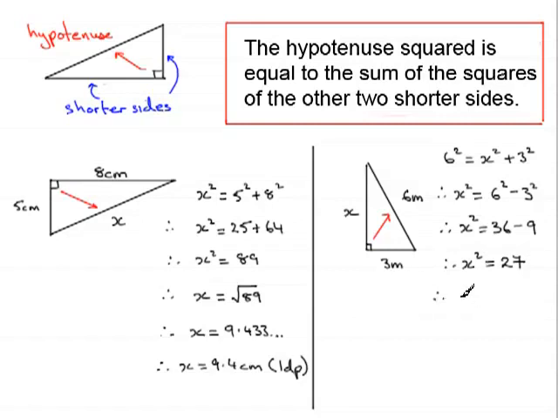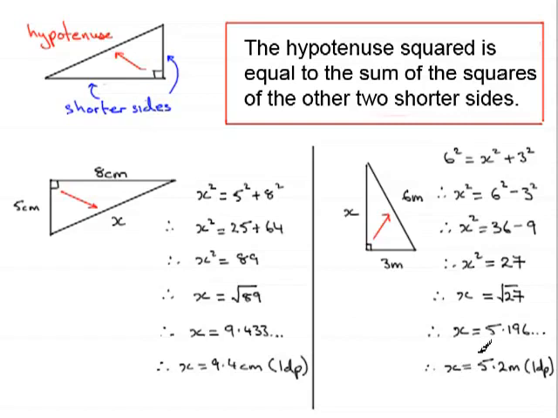So the square root of x squared is x, and the square root of 27 we'll just write in like that. Using a calculator, the square root of 27 is 5.196 and so on. And so rounding this to 1 decimal place, we have x equals 5.2 meters. And don't forget to write the 1 decimal place in.